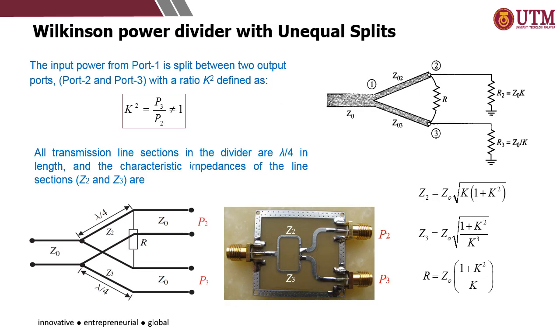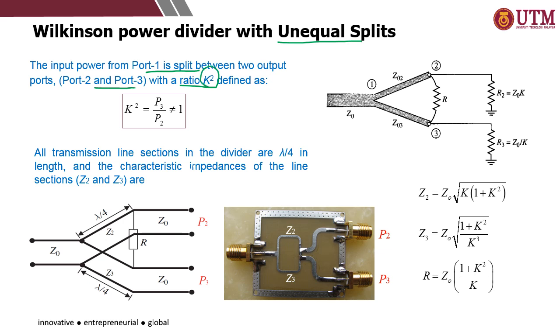Okay, as in the earlier slides, we have seen that the Wilkinson power divider acts as an equal power divider, in which the power at the input port will be split equally into port 2 and port 3. However, the Wilkinson power divider can also be used for unequal splits of power, in which the input power from port 1 is split into two output ports with the ratio of K squared.